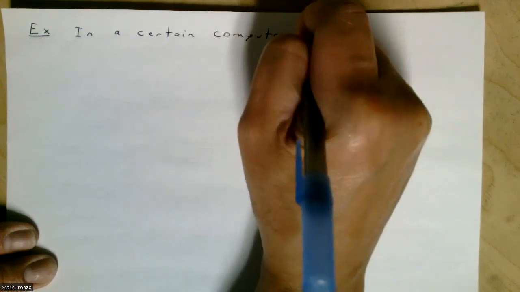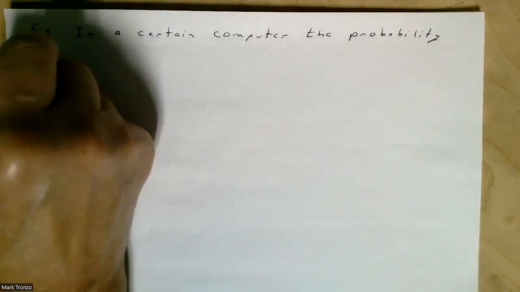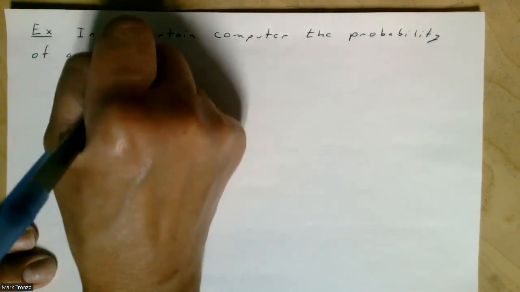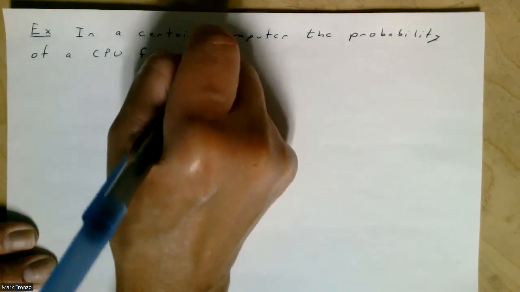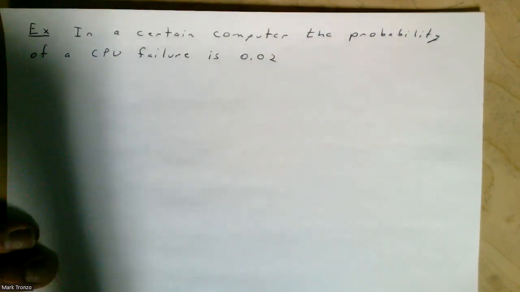In a certain computer, the probability of a CPU failure is 0.02.